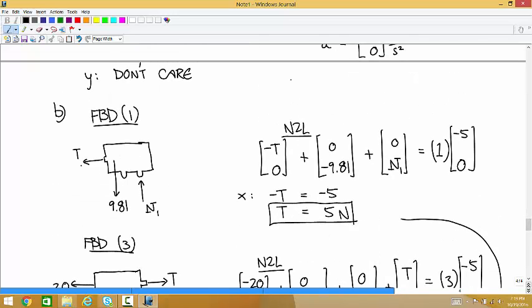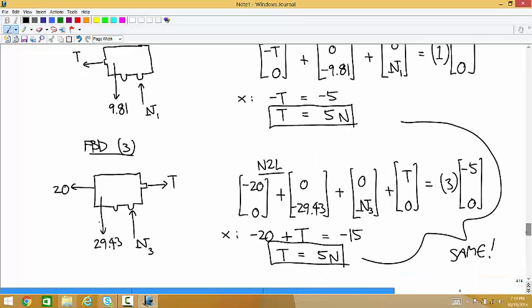Yep. So I have a question. For part B, this first part of the question, why isn't there a force pushing perpendicular to T, basically?